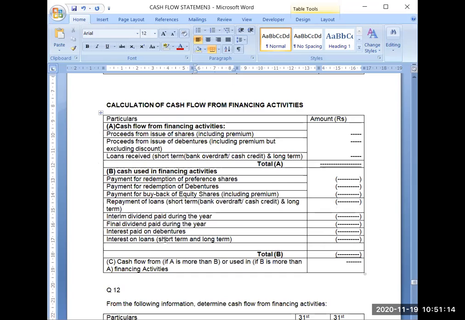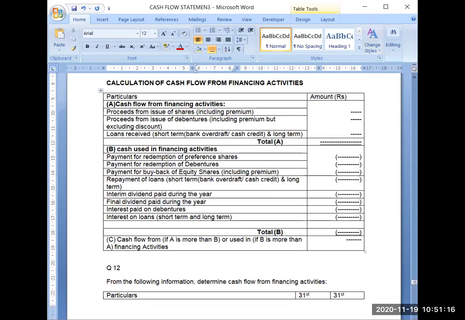Now, how to calculate cash flow from financing activities? Again, there will be two parts. One will be inflow and one will be outflow. So inflow will be what?